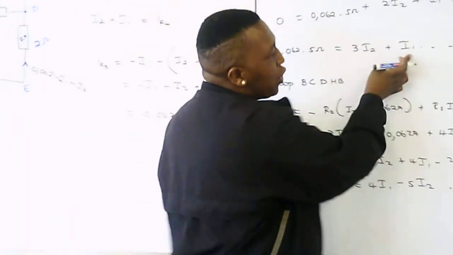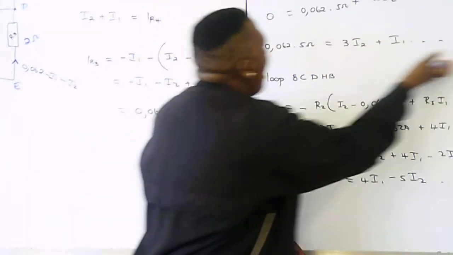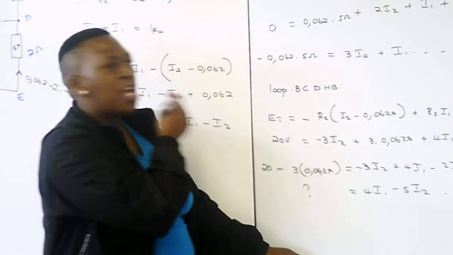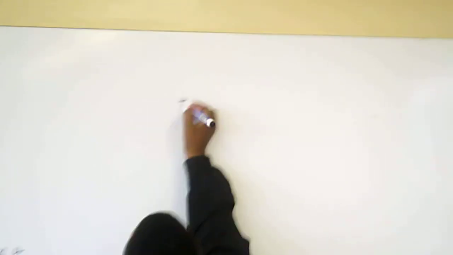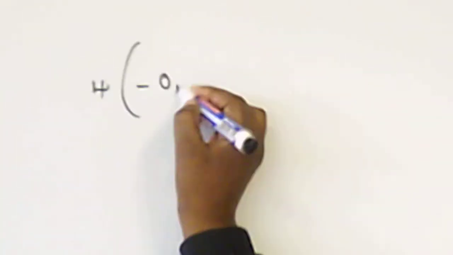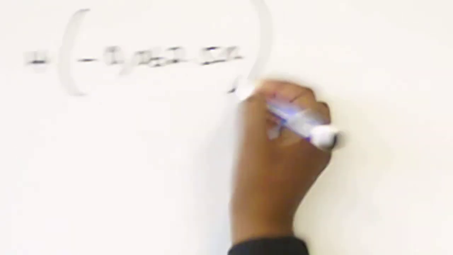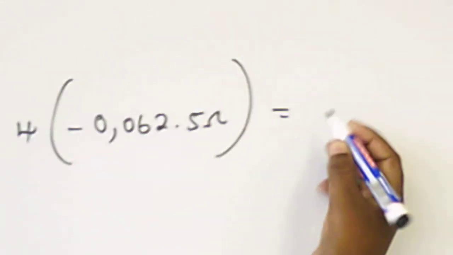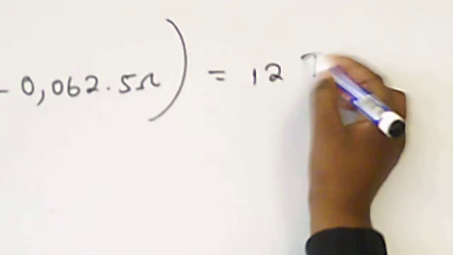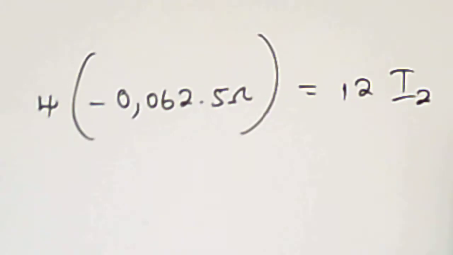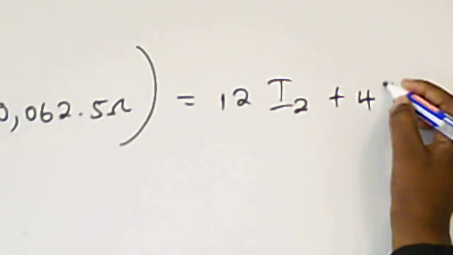I'm not only going to multiply I1, I have to multiply the whole equation. So to multiply the whole equation, it will be 4 into minus 0.062 times 5 is equal to 4 times 3, it will give you 12 I2, and with I1 it will give you 4 I1.